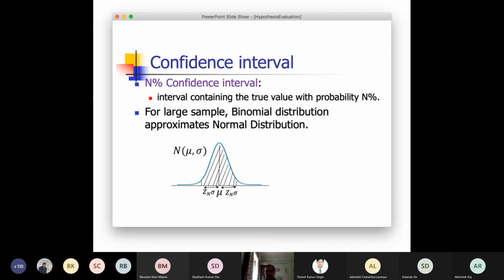So if I study the normal distribution, you know that when you normalize it, you can tabulate the corresponding probabilities of certain intervals. Like if I consider, for example, this is the way an interval is defined.